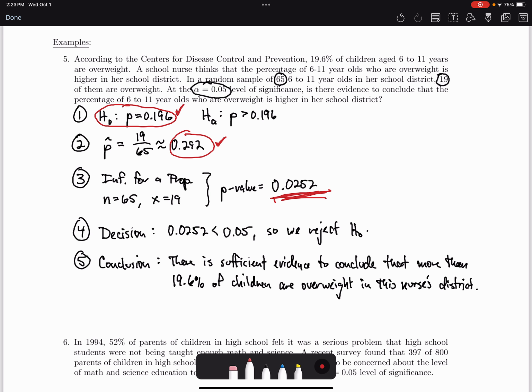Well, that's not a very likely outcome, right? And so it makes us think, probably we should reject this assumption in favor of the alternative. And so that's exactly why we're concluding that, yes, there is sufficient evidence to say that the proportion is more than 19.6%. Okay?